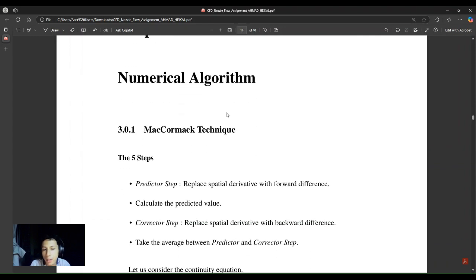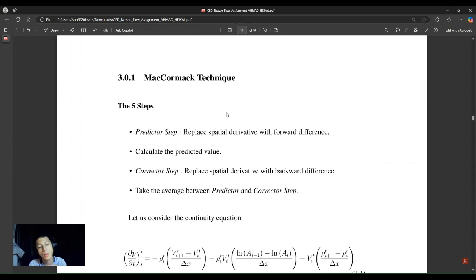So let's dive into the MacCormack technique, which has five steps. First, the predictor step, where we replace the spatial derivative with a forward difference, and then we calculate the predicted value. Then the corrector step, where we replace the spatial derivative with a backward difference.